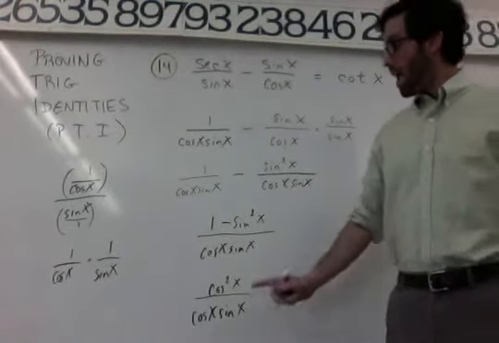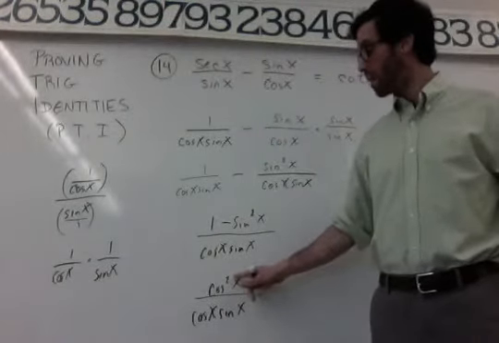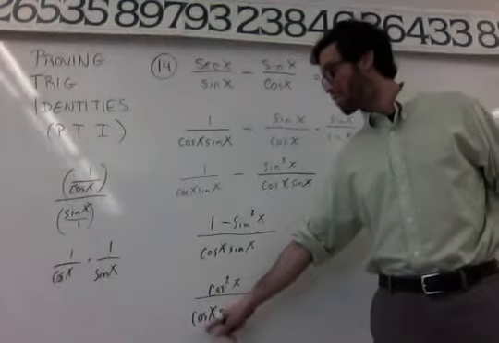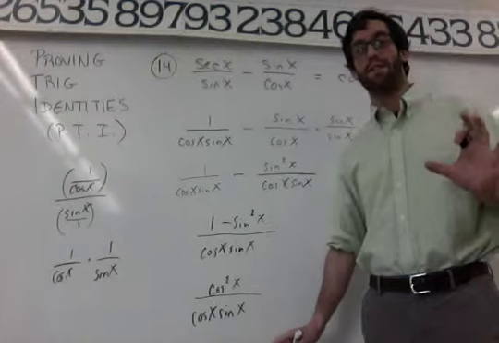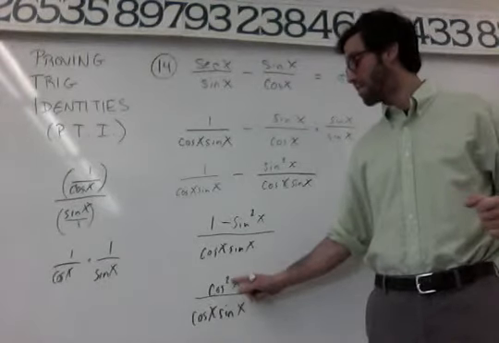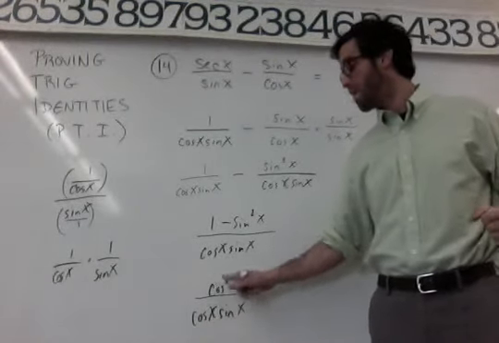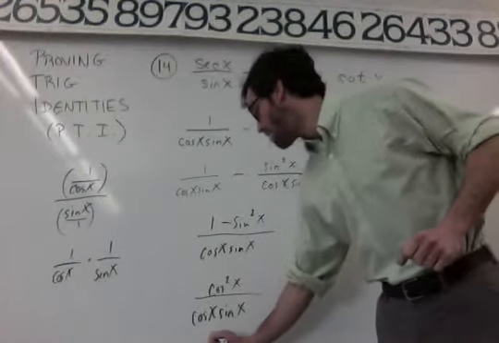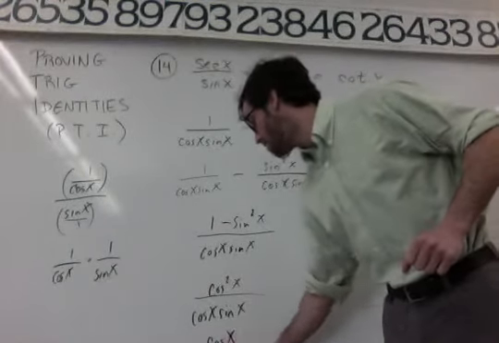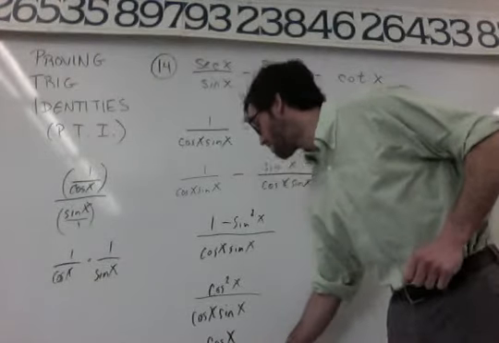Okay? And now you have cosine squared over cosine, so you can cancel out. There's a form of 1 inside here, right? Cosine x over cosine x is 1, but you're still left with 1 cosine x up there. So this simplifies to just plain old cosine x over sine x.